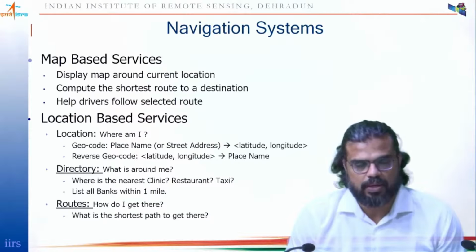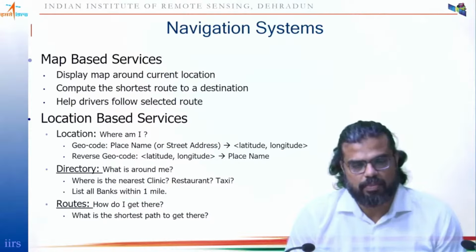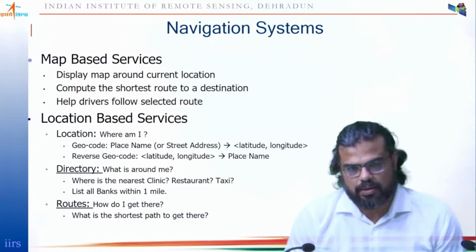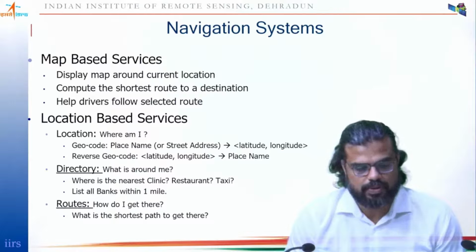For example, in Google Maps you provide start and end locations, and you get different paths. Then you can follow the paths and do route planning accordingly. Those kinds of analyses can be carried out under the map-based services.